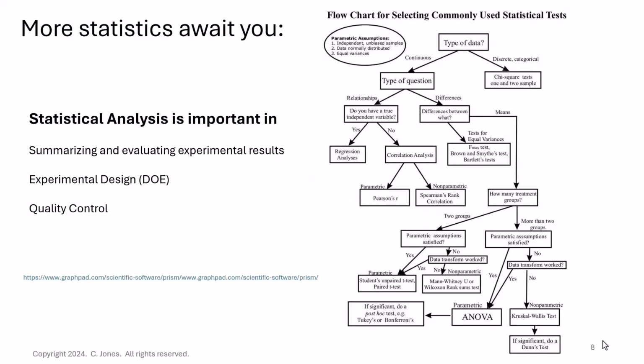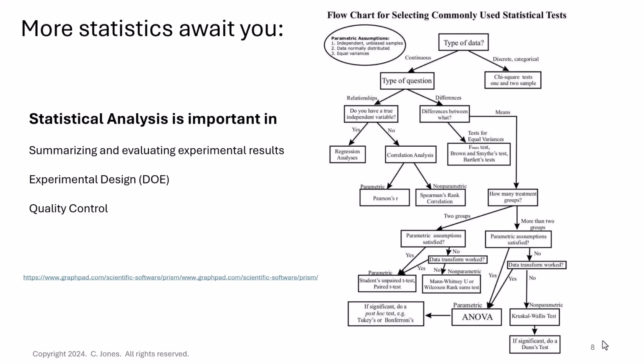But wait, more statistics await you. Not in this segment, but I encourage you, if you're going to go into the life sciences, whether it's research or industry, that you take a full semester statistics course. Statistical analysis is important in summarizing and evaluating experimental results, which is sort of what we did in this segment.